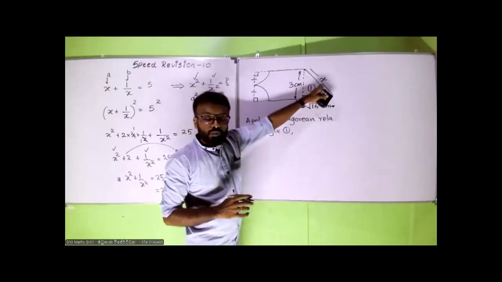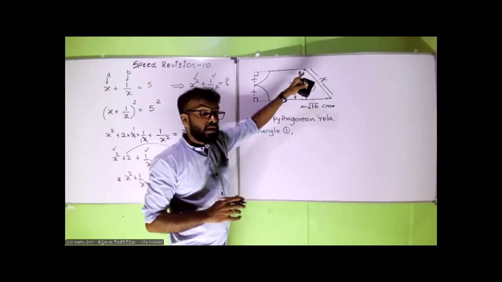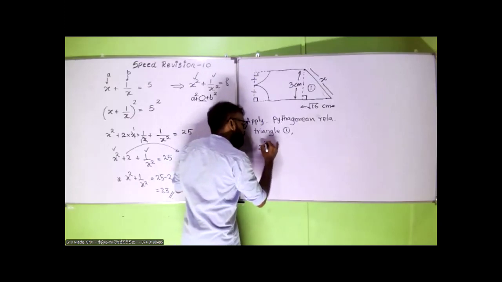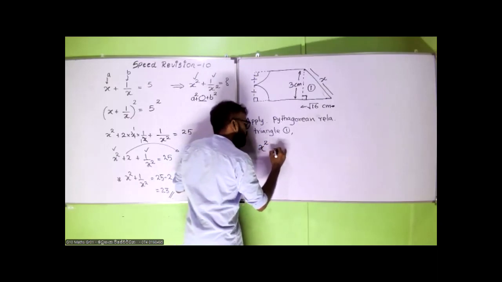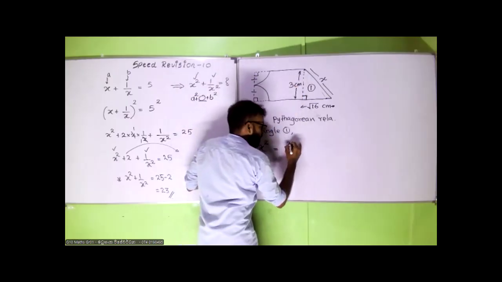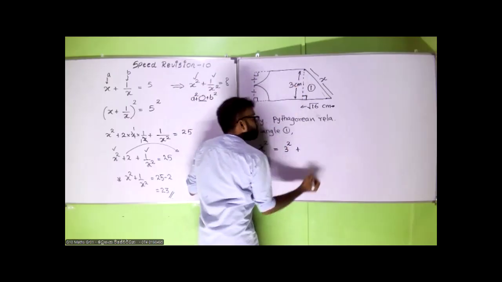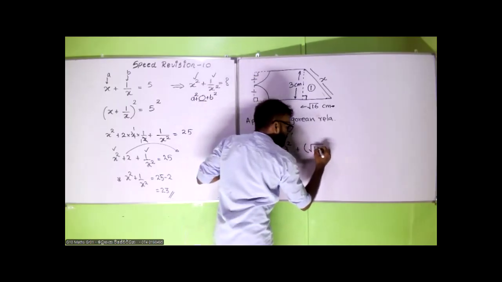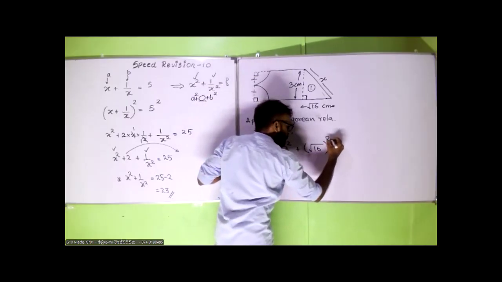So what is to be found? x, that is my hypotenuse. So the hypotenuse length: x to the power 2 equals 3 to the power 2 plus square root of 16 to the power 2.